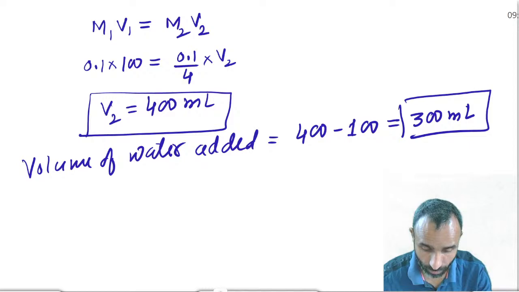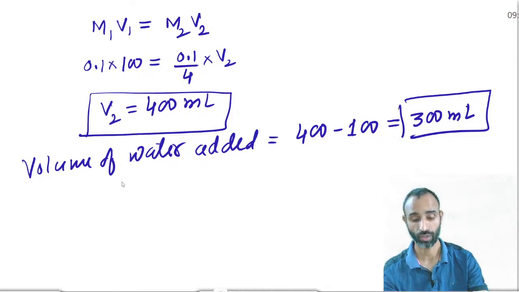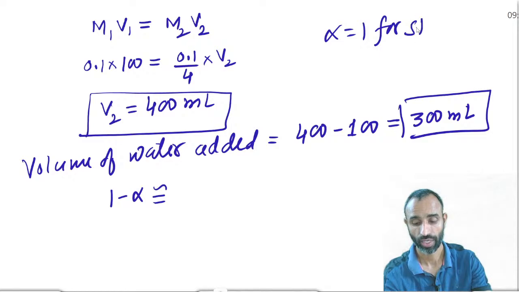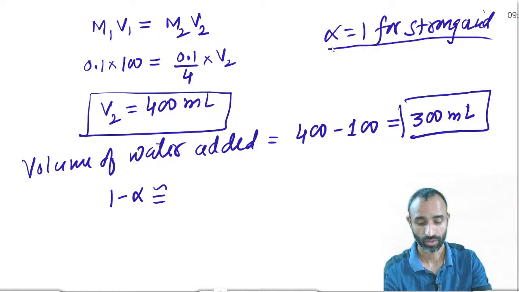Beta, actually if we talk about weak acid, then alpha is 1 only for strong acid. Actually what is alpha?